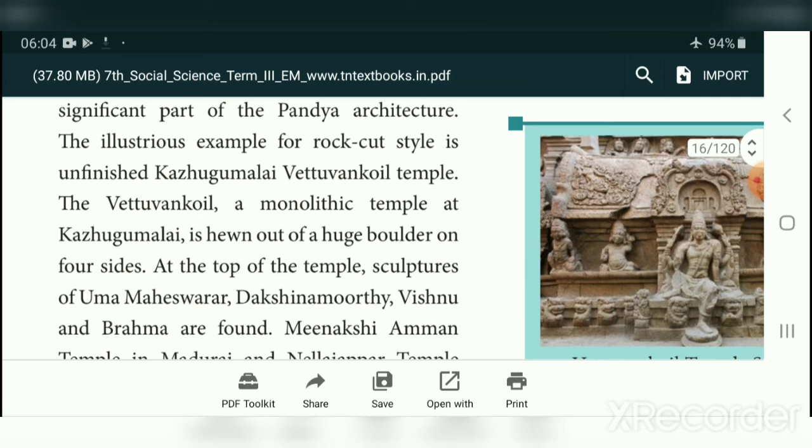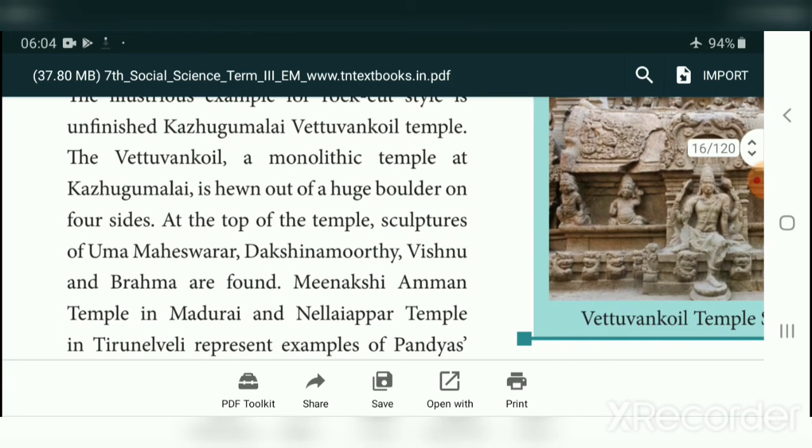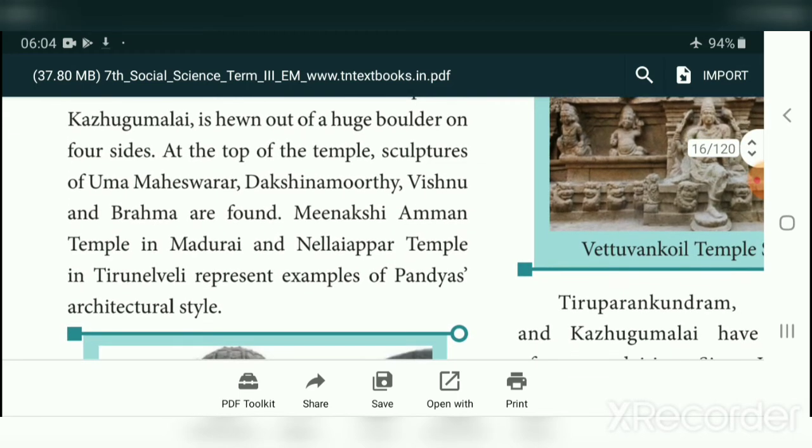The Vettuvan Koil is a monolithic temple, that means mono means single, lith means rock, so that temple was made up of a single rock. It is hewn out of a huge boulder on four sides. At the top of the temple, sculptures of Uma Maheshwarar, Dakshinamurti, Vishnu, and Brahma are found. Meenakshi Amman Temple in Madurai and Nelliyappa Temple in Tirunelveli are the best examples of the Pandyan architectural style.